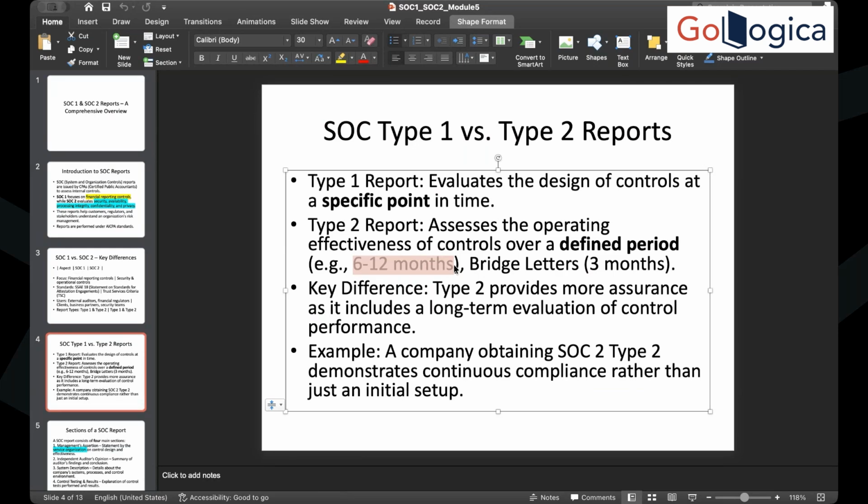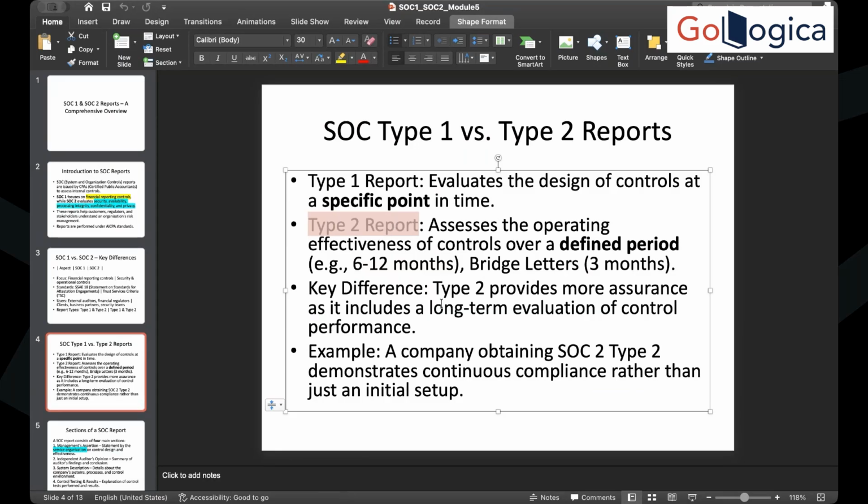Why? Because you need to be right every month. You need to make sure that all your controls, all your safeguards are working fine every month and not just on a particular day or a particular month. It needs to be right every time. So a SOC 2 report is for that. Sorry, a type 2 report covers a period.